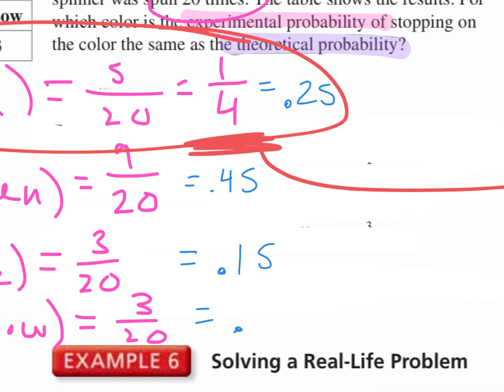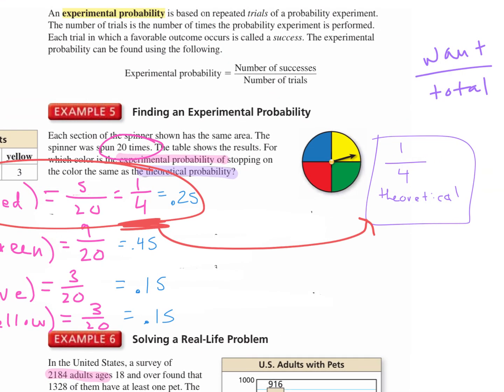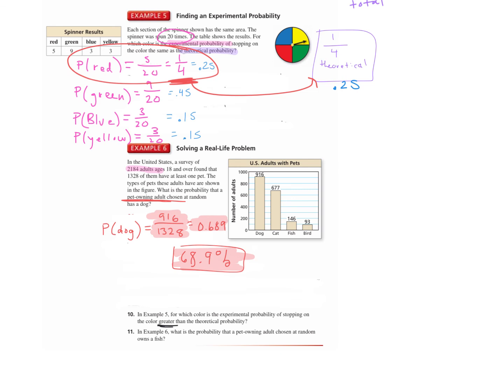And then this one would also be 0.15. And our theoretical would be 0.25. So what does the question ask? For which color is the experimental probability of stopping on the color greater than the theoretical probability? Which color do you think? Green, because green is 0.45, which is greater than 0.25.